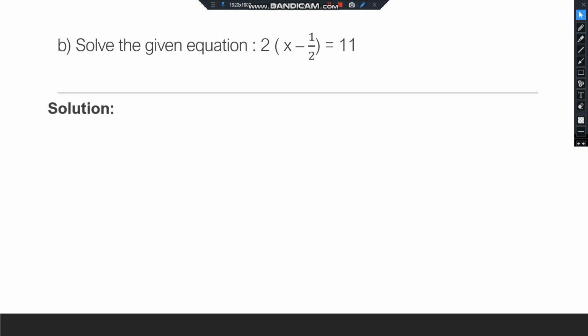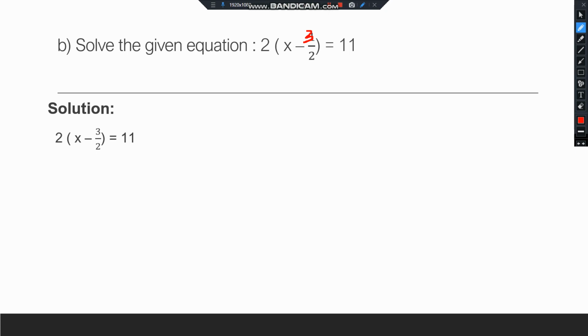So it's a simple linear equation given, and you know there is a bracket here. 2x minus 3 by 2 actually, just correct this. 2x minus 3 by 2 equal to 11, this is given. So just make this correction here. It is actually 3 here, so make it 3. This is 3. So 2x minus 3 by 2 equal to 11.